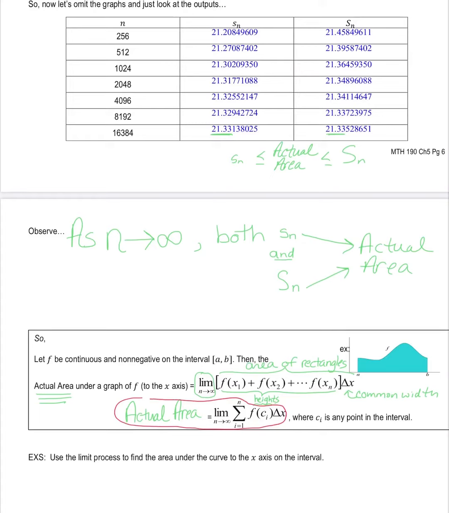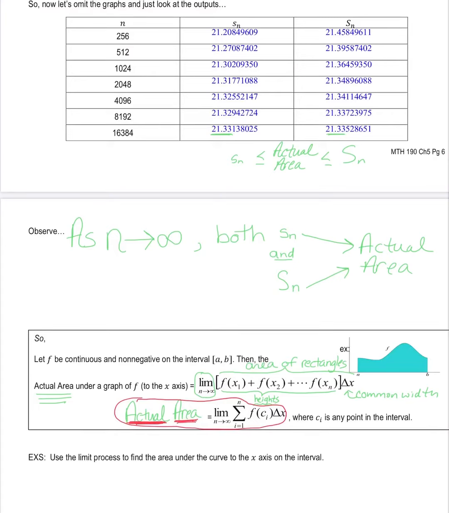I am taking the number of rectangles and going to infinity. So as soon as we take the limit as n goes to infinity, if we can do that, we can determine not just an approximation, but what the actual area is.